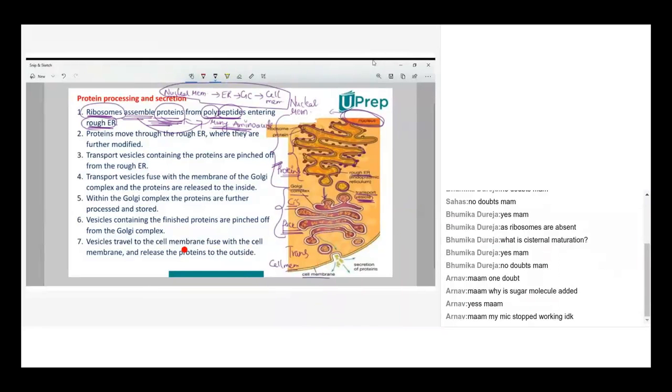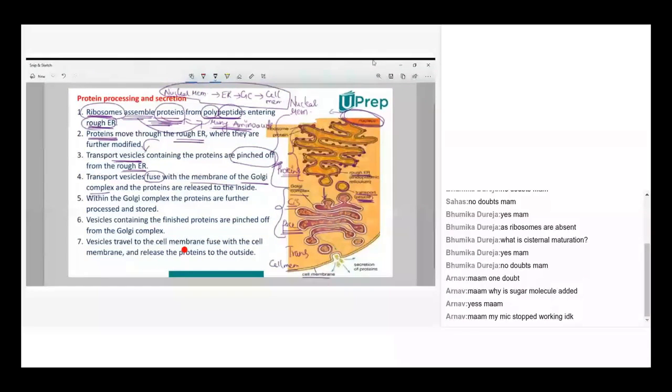Once the proteins are produced, they will move through the rough endoplasmic reticulum, where they are further modified, and through transport vesicles they'll be pinched off. Pinched off is nothing but they'll get removed from the rough endoplasmic reticulum, and they'll fuse with the membrane of the Golgi complex. So that's what I have shown here.